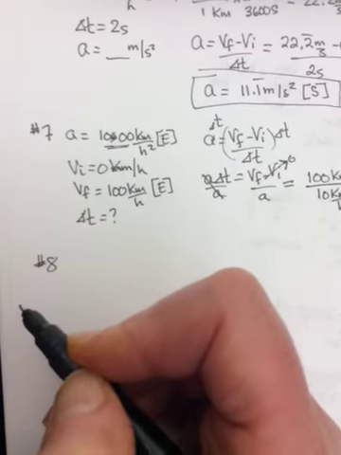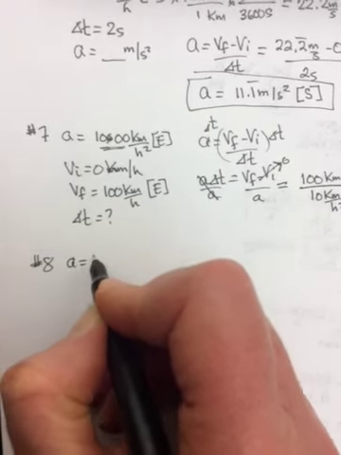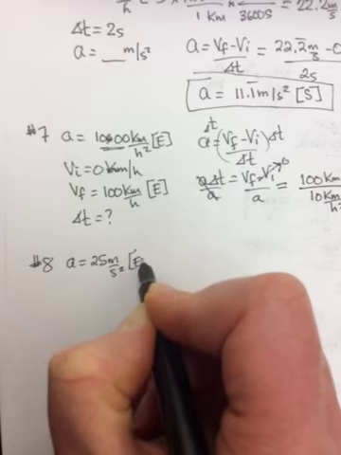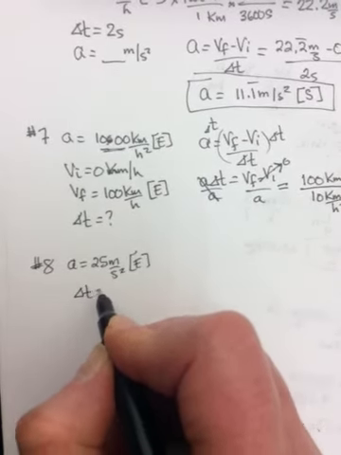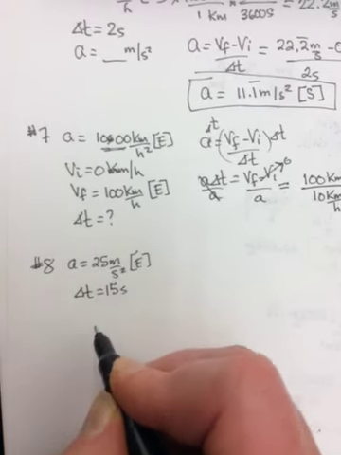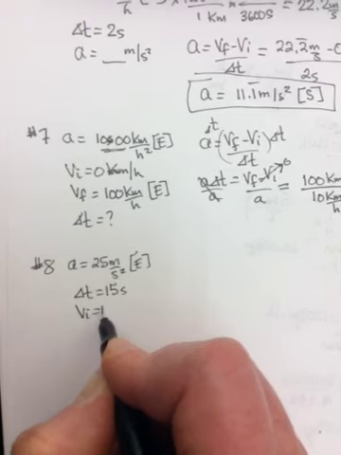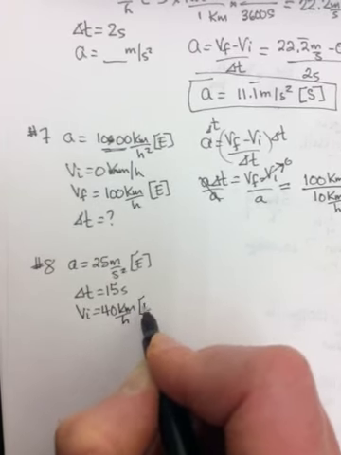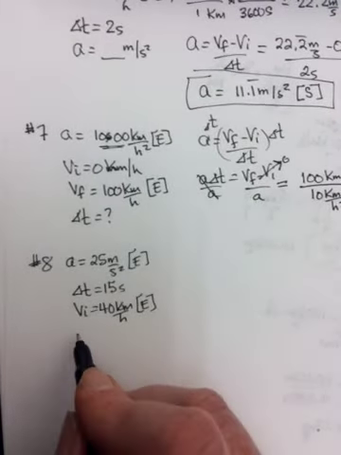Okay? Number 8. If a plane accelerates at 25 meters per second squared east for a time of 15 seconds, delta T is 15 seconds, after initially going 40 kilometers per hour, that's your VI, east, find its final velocity in meters per second.